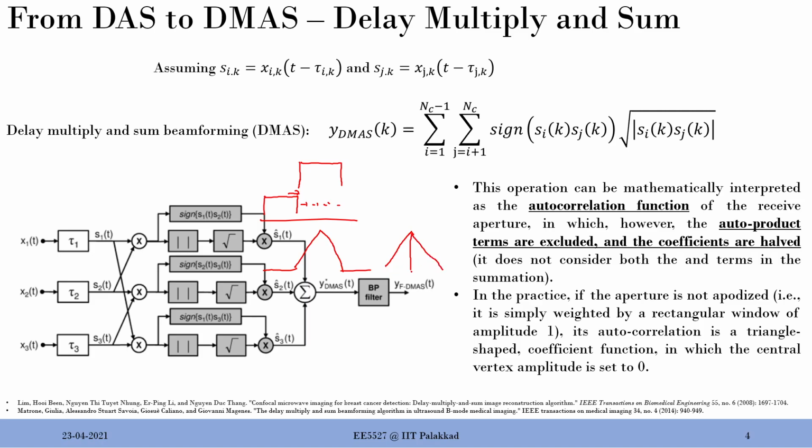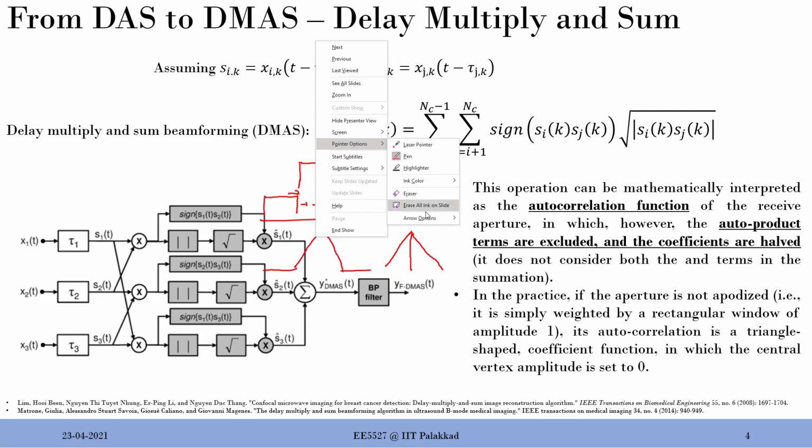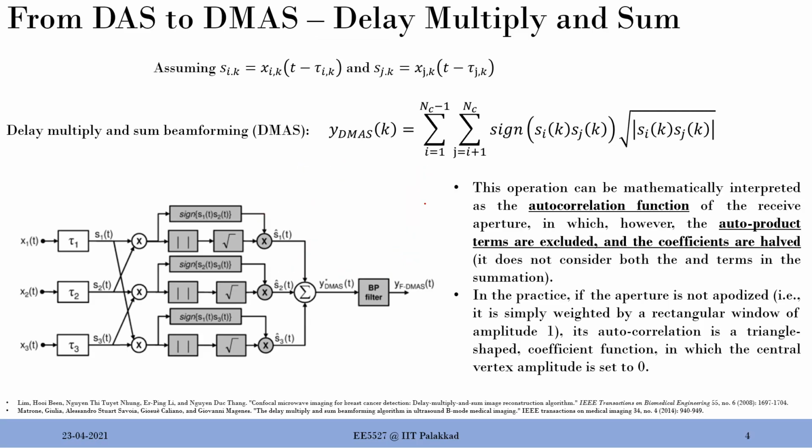So basically this will be 0 because there is no self correlation. That's the meaning of it. So its autocorrelation is a triangle-shaped coefficient function, but the central vertex amplitude, the center one, will be 0. So there will be a dip at the center and then a sort of triangle on both sides.